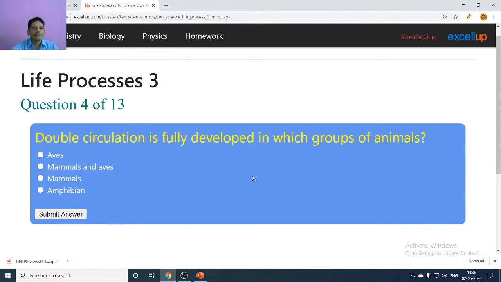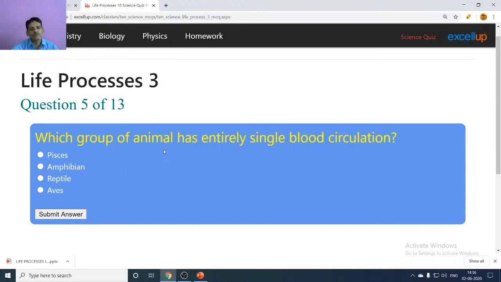It is fully developed in mammals. First in aves, but later completely developed in mammals. Next, which group of animals has entirely single circuit circulation? In fishes.